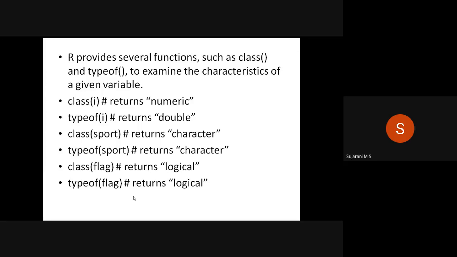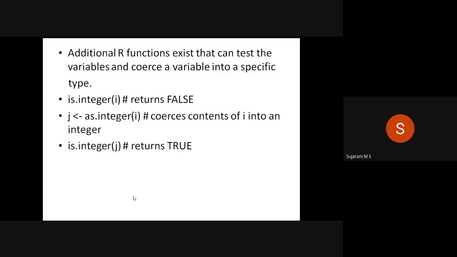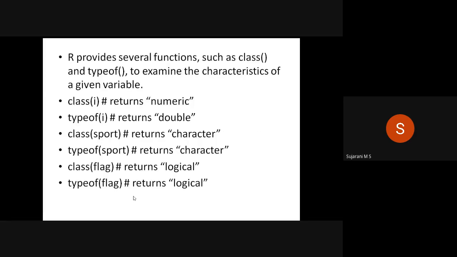That is the difference between the class function and the typeof function in the case of a numeric value. These are the major functions used in R programming for checking the type of a variable: class and typeof.